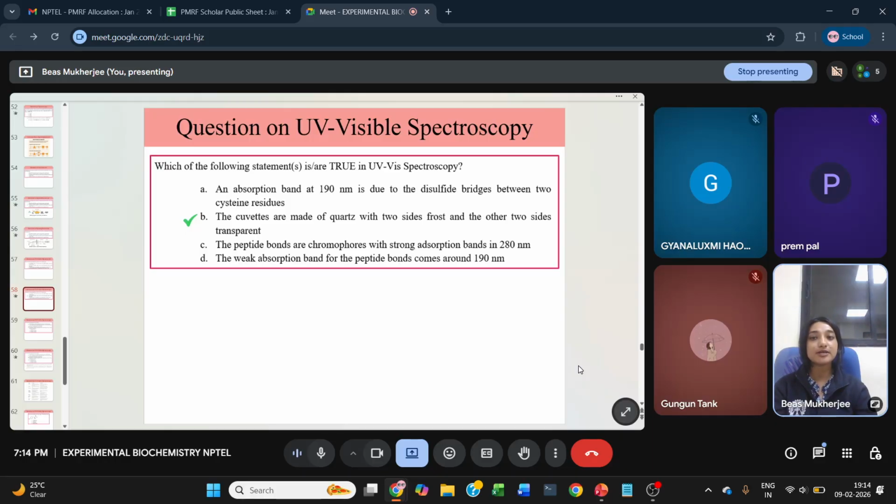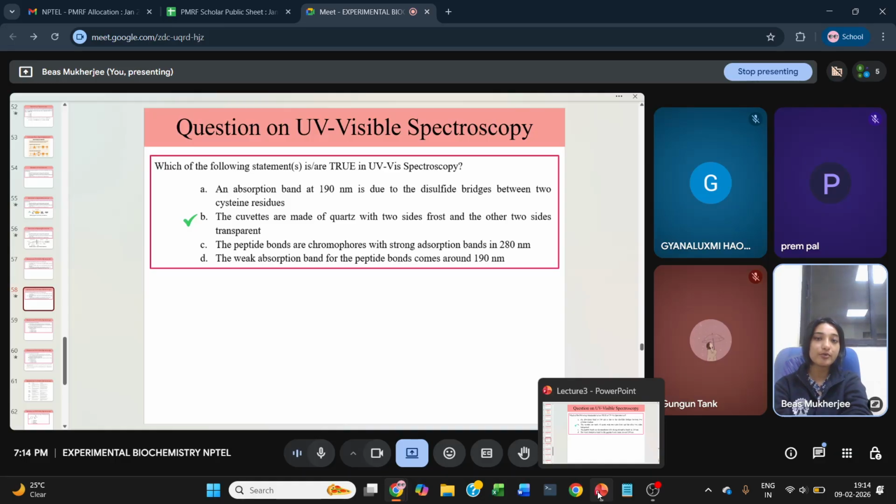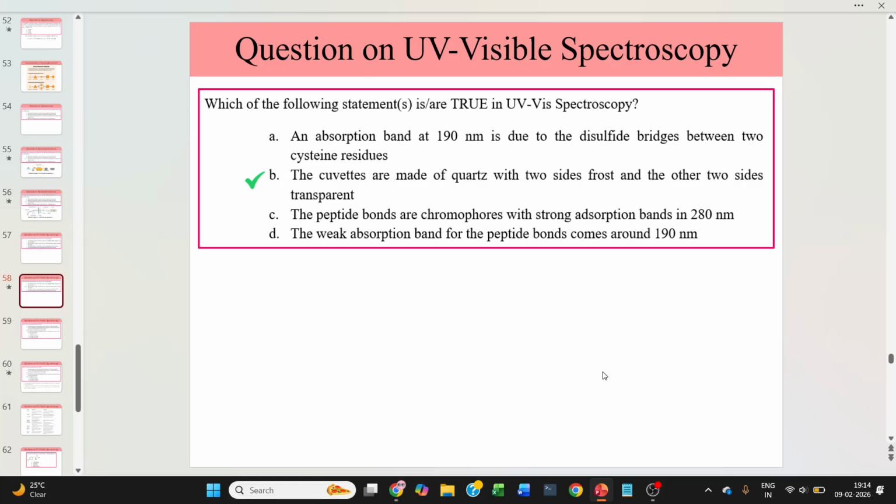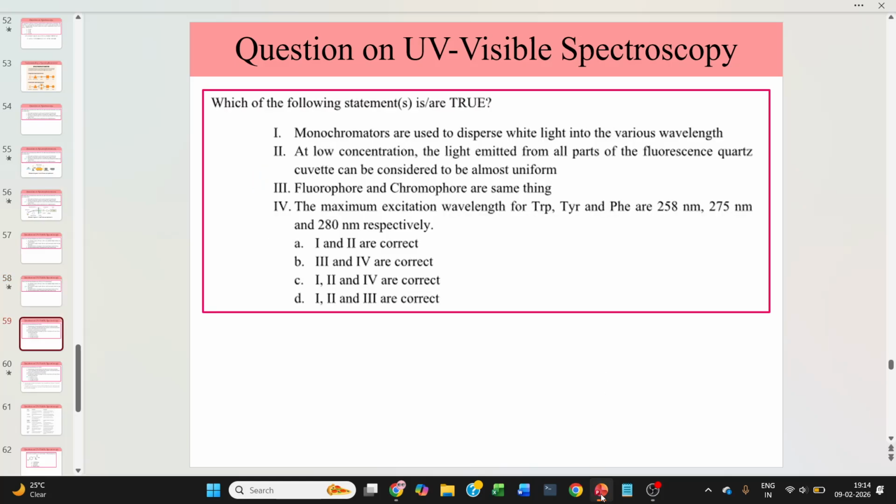So you can check the wavelength. What would be the wavelength of the peptide backbone? At which wavelength does it absorb light maximum? Then we can talk about that in the next class. I will also read it and then we'll see which is the right option.